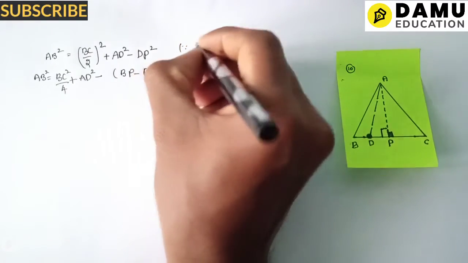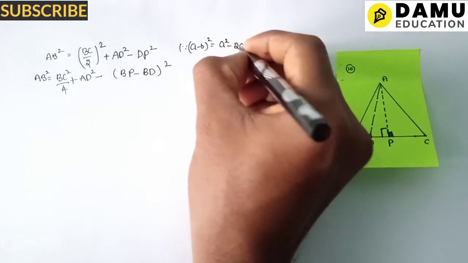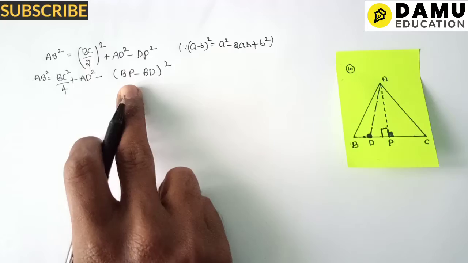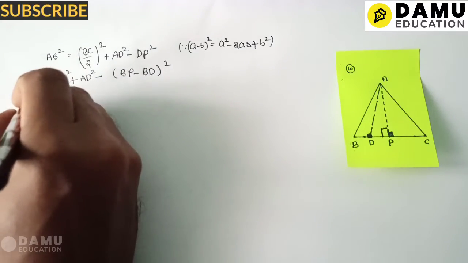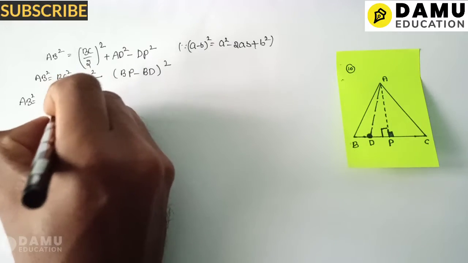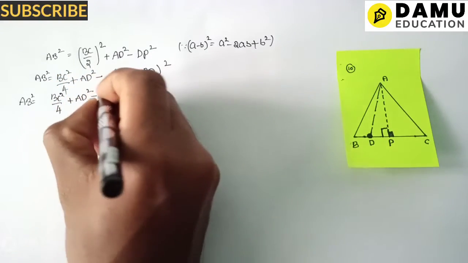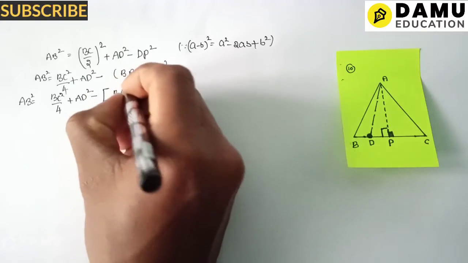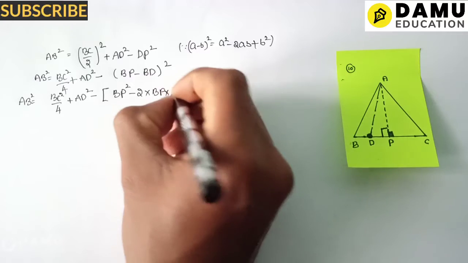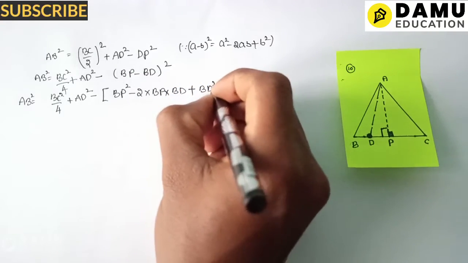Since (A minus B) whole square is equal to A square minus 2AB plus B square, we are going to apply this formula here. So AB square will be equal to BC square by 4 plus AD square minus, keep it, BP square minus 2 into BP into BD plus BD square.